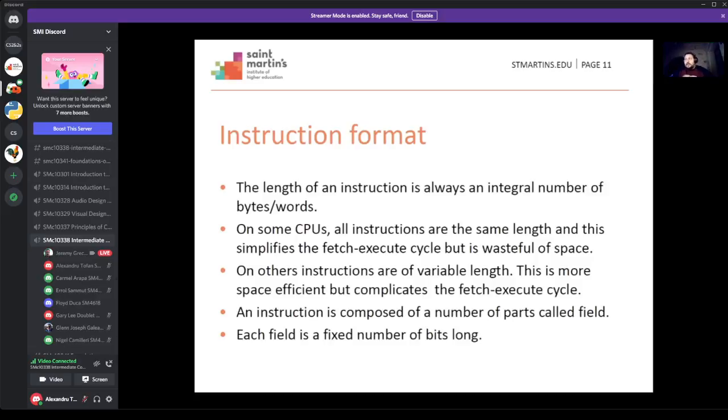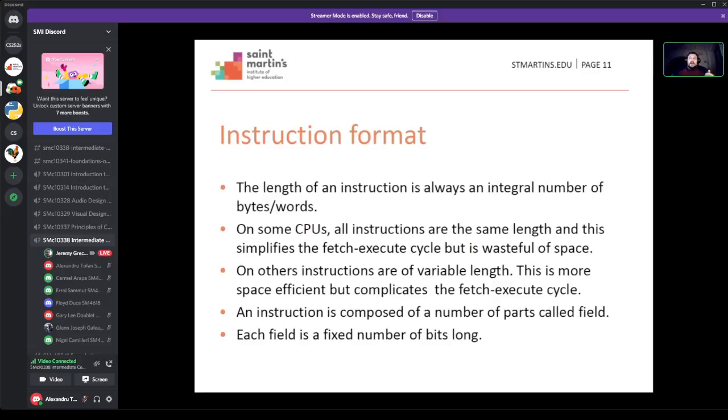Now, in some CPUs, the instruction is always going to be the same size, no matter whether or not that size is required. Maybe some instructions will only make use of a third or less of the instruction size in its totality.